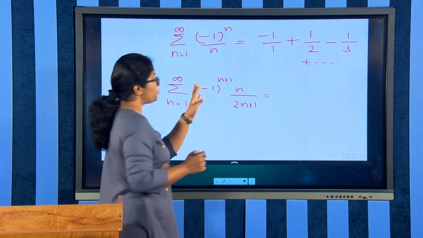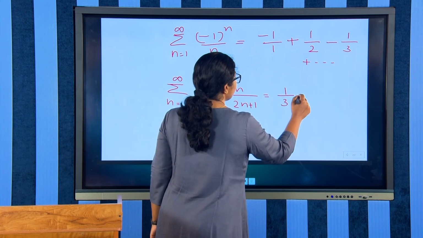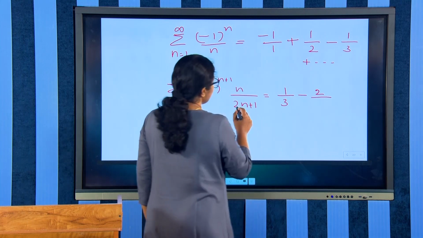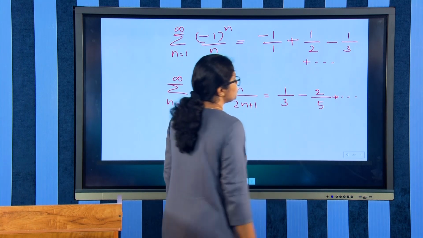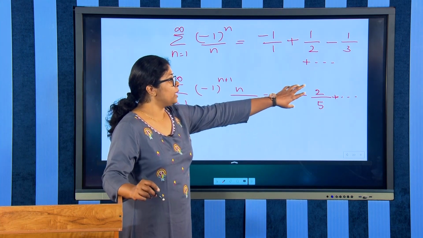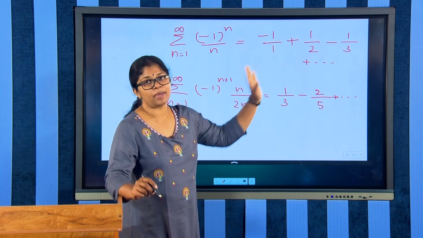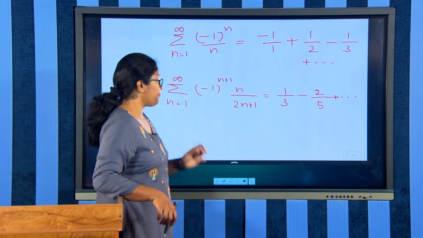When you put different values of n, we can see this is 1 upon 3 minus 2 upon 5 plus and so on. So, again we can see that this is a positive term minus another term plus another term and so on. That is also an alternating series.